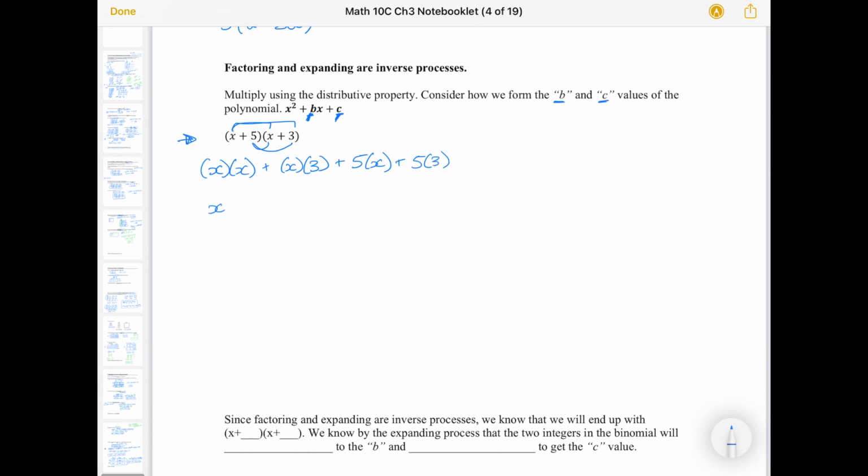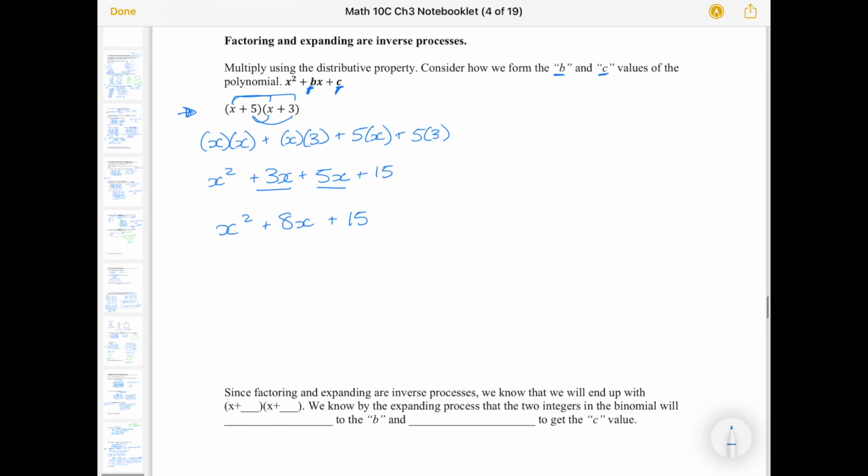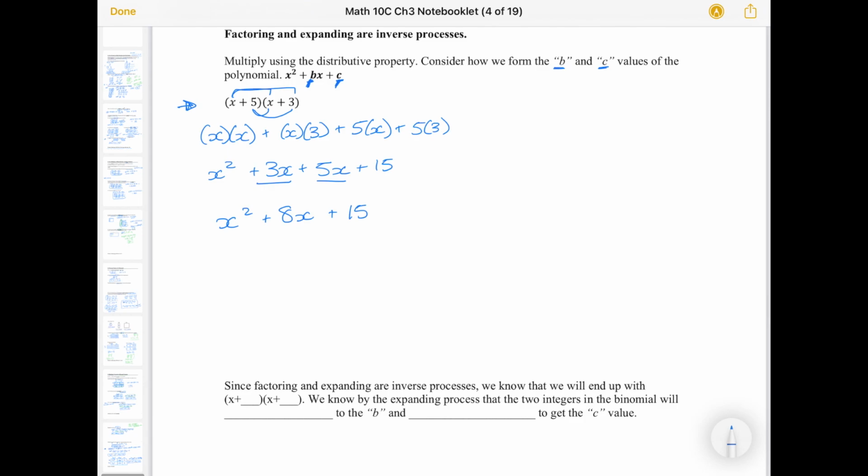So I end up with x squared plus 3x plus 5x plus 15. And I can group these like terms. I'll get x squared plus 8x plus 15. Okay, so my b value, that's right here. And my c value is right here.